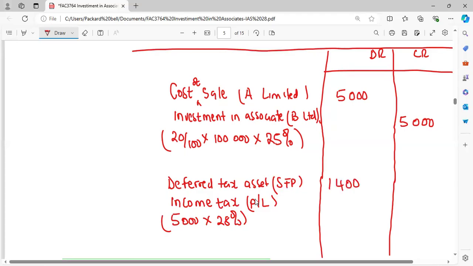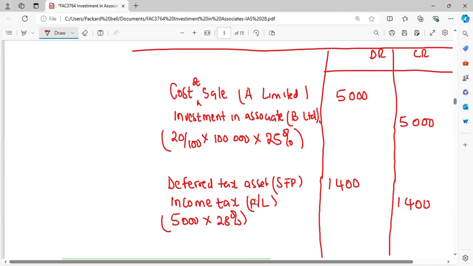We should understand these journals. It's very important. Remember, I always say accounting is all about journals. There is nothing in accounting except doing journal entries. So when you do your journal for tax, you should look at what happened here. There was a decrease in profit, and a decrease in profit also means a decrease in tax.